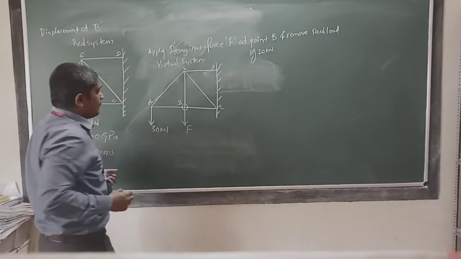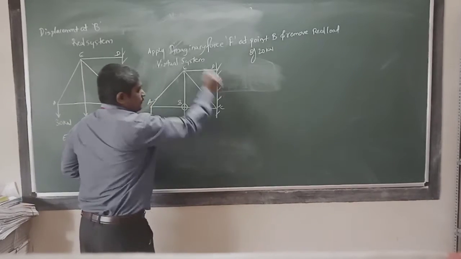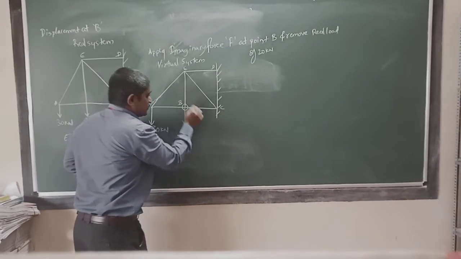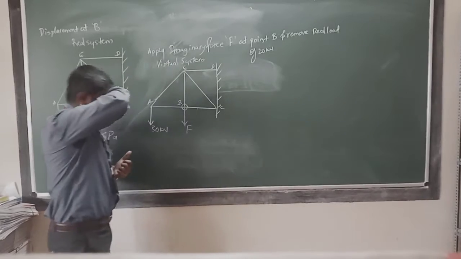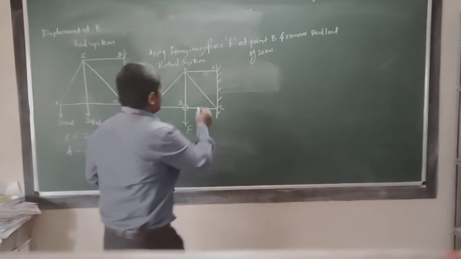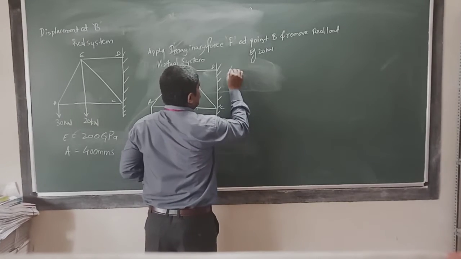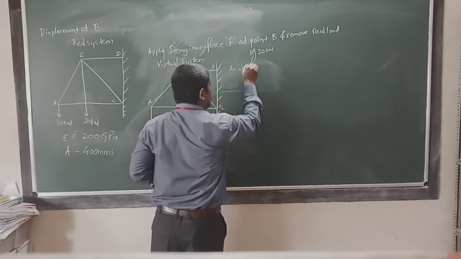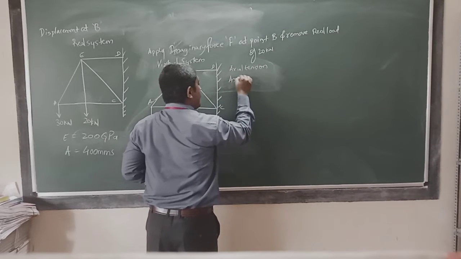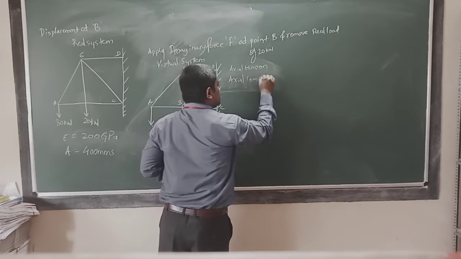Okay. Now, by taking this virtual system, we have to calculate the member forces inside the structure. In the last video we have already seen what the member forces are. Member forces will be either axial tension or axial compression.